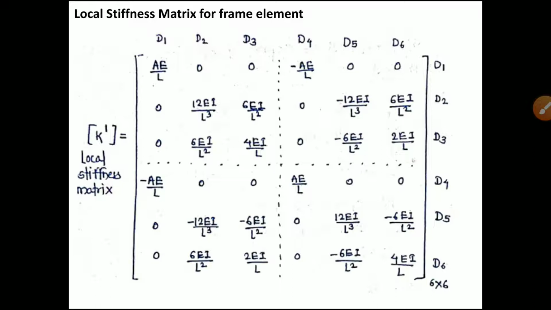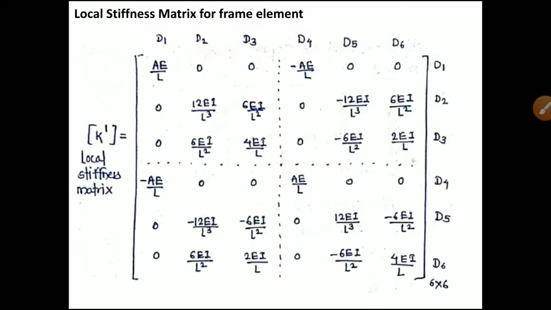So this matrix is called the local stiffness matrix for a frame element. It is called local because at the start we considered the frame element in a horizontal direction, which acts as a beam. But we know a portal frame is a combination of vertical members, horizontal members, and sometimes inclined members.